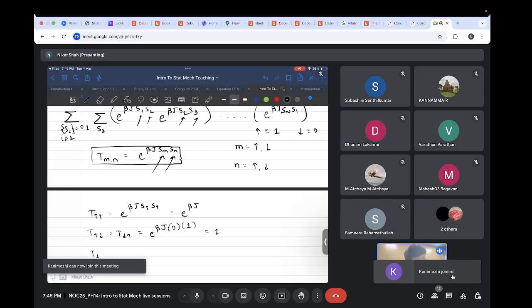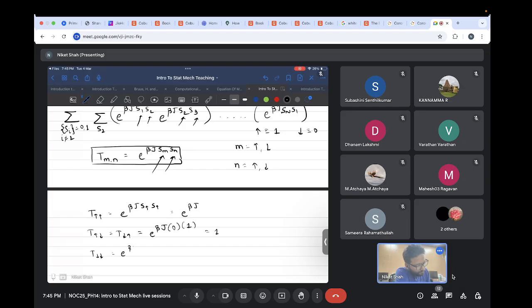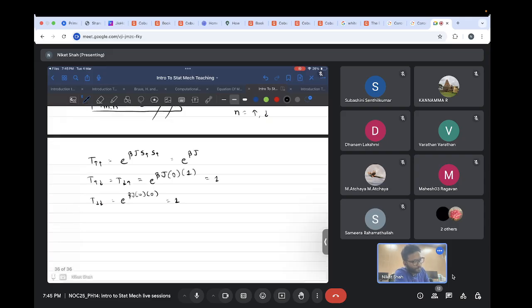And T_down,down is also e raised to power beta J times 0 times 0, which is also 1. So the transfer matrix will have elements in this manner: down and up is 1, up and down is also 1, and up-up is e raised to power beta J. So this is my transfer matrix T_m,n.